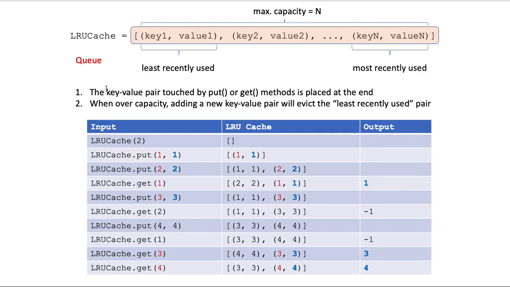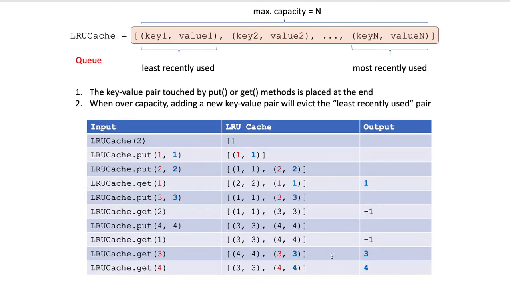And so here, any key value pair touched by put or get will be placed at the end, because they are recently used. And when overcapacity, if you add a new item, then the oldest item will be evicted.